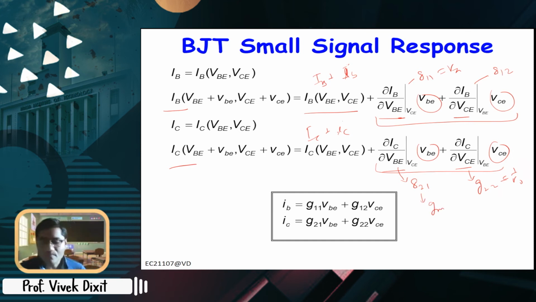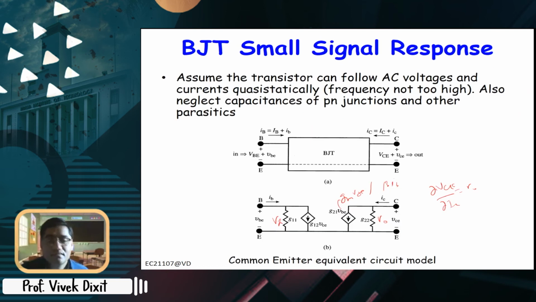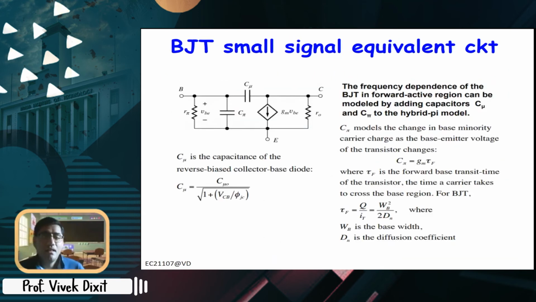Right? Sometimes there's one more parameter, because this base collector junction is reverse biased, so we have a capacitance here, right? So if you write this equivalent circuit, you can also estimate the value for this C mu. Now C mu is basically your base collector junction, right?